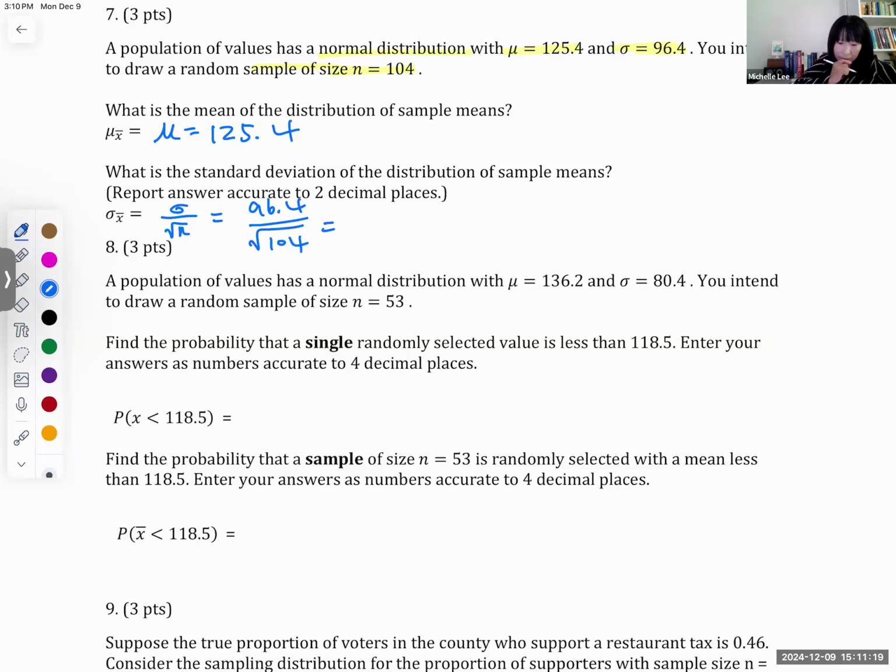Can you please calculate? We need to answer two decimal places. 9.45.